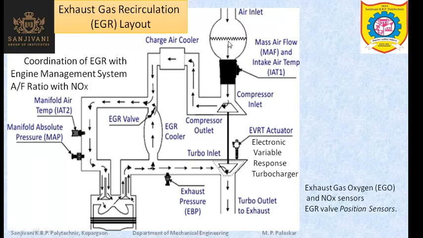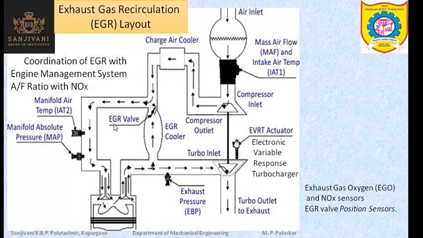So the turbine will produce the mechanical power and it will run the compressor, and the air is entering. Here the air is entering the compressor, it is compressed, and then it is cooled, and then it goes to the engine. But here some portion of the exhaust gas is directed back to the engine, but first of all it is cooled here. So this is the EGR cooler, and then we have a valve here.